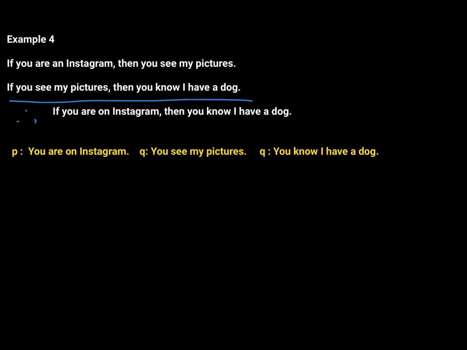Therefore, in symbolic form, we have the following. If you are on Instagram, then you see my pictures. If P, then Q. The next one says, if you see my pictures, then you know I have a dog. So we have if P, then Q, and if Q, then R. The conclusion they're making then is, therefore, if you're on Instagram, then you know I have a dog.